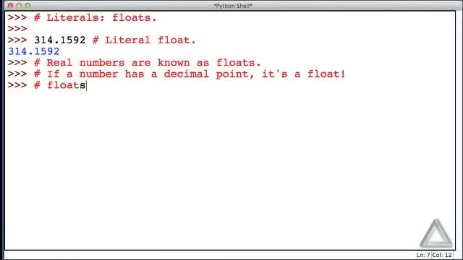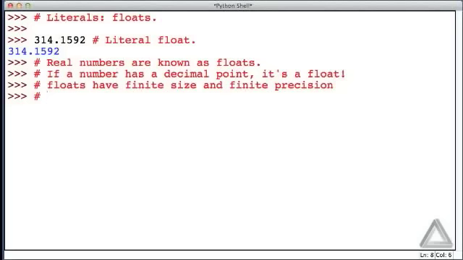Also, floats, unlike integer values, have a finite size and finite precision. This is a consequence of the way they are stored in the computer. Typically, we're using 64 binary digits to store the float number, and there's a limit on what we can store in 64 binary digits.